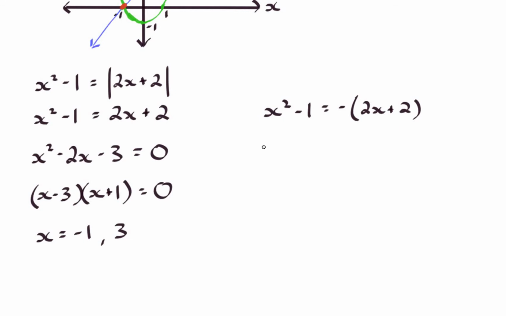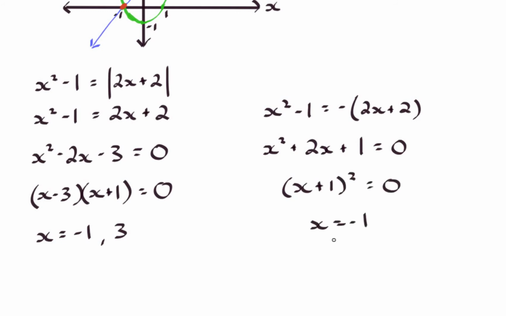Over on the right hand side, we get x squared plus 2x when we move this, and we're also going to plus 2 to both sides, and this is a perfect square, so we can see that x equals negative 1, which we already got over here.